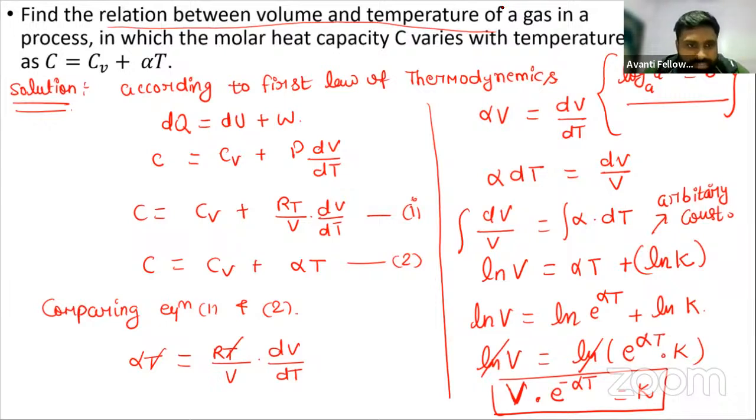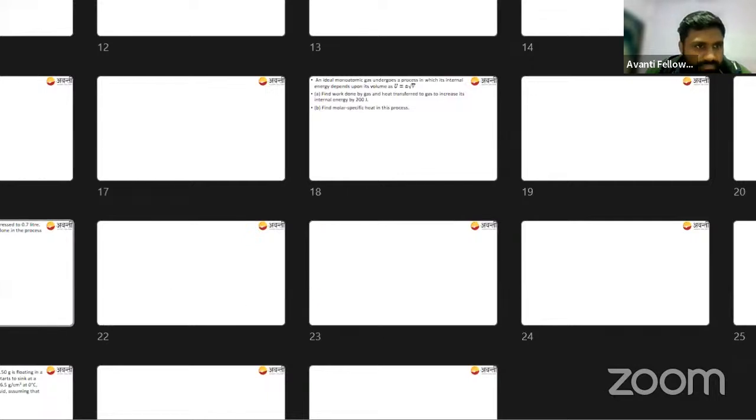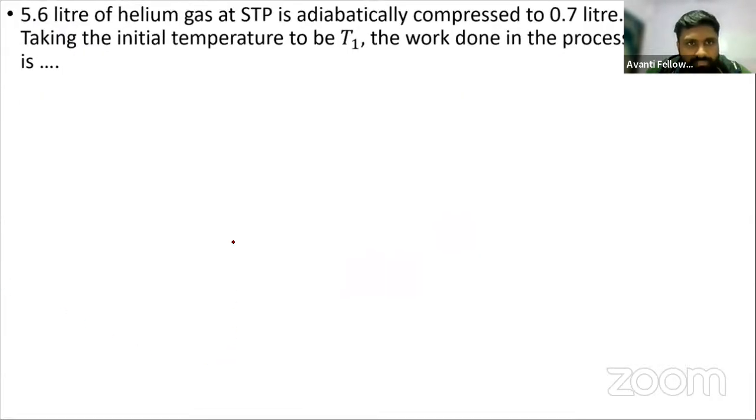So just give me a second. So this question you can note down. Or we will solve it right now, try to solve it or not.